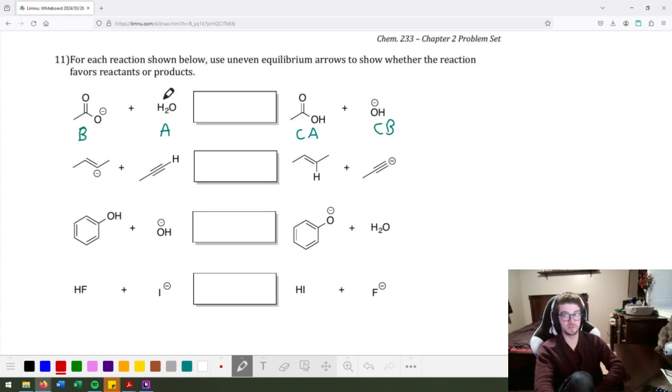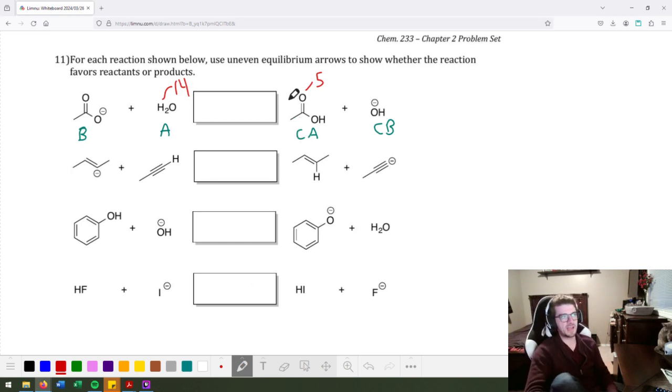So I'm going to use the shortcut method here because I can. Water has a pKa of 14, and acetic acid has a pKa of about 5. So acetic acid is much more acidic than water by about 9 orders of magnitude, about 1 billion times.